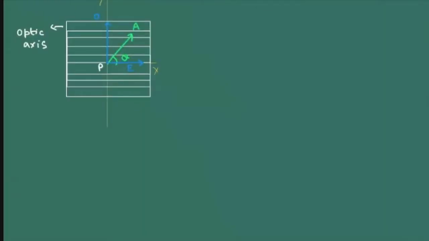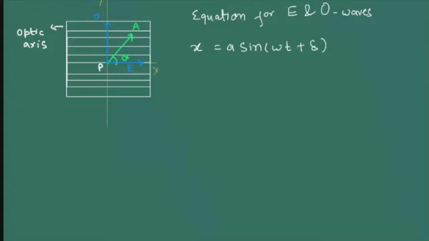Now we are going to discuss what will happen to the state of polarization when our ray emerges from the crystal. So now let us write the equations for E and O. Along X, we will have x equals a sin(omega t plus delta), and y equals b sin(omega t).